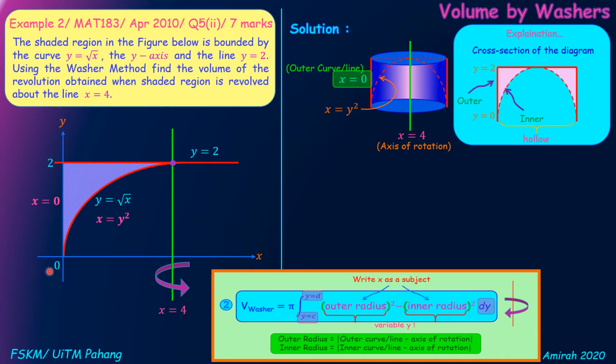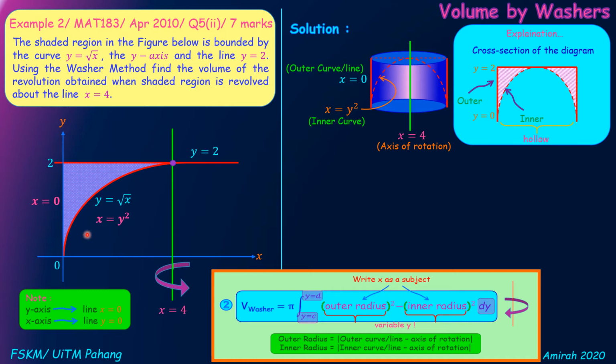In terms of equation of a line, the y-axis means the line x equals to 0, and the x-axis means the line y equals to 0. And this is the inner curve.